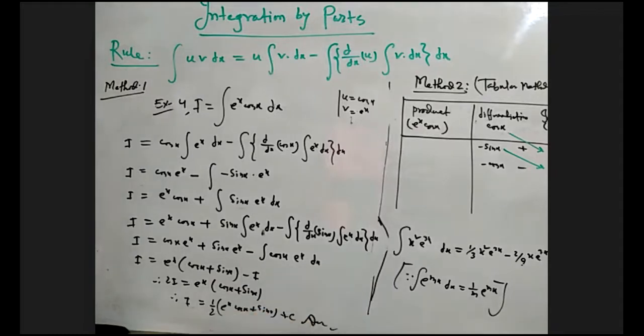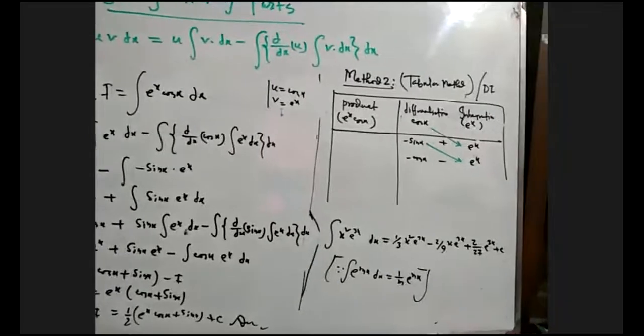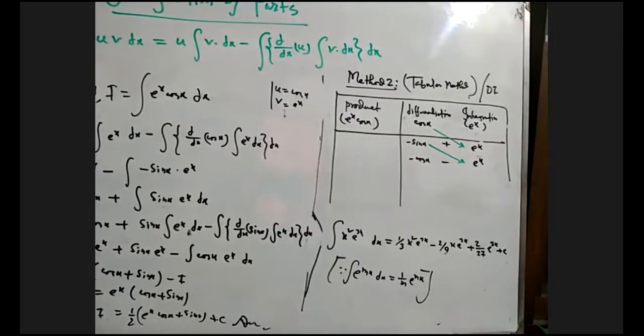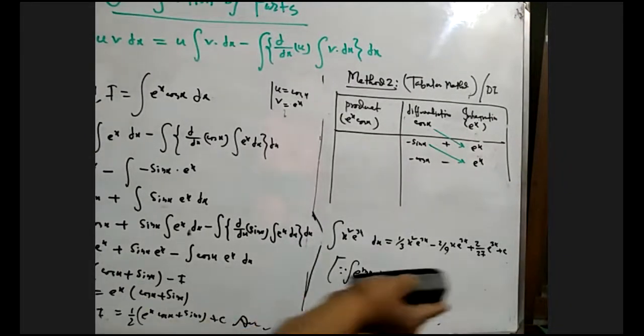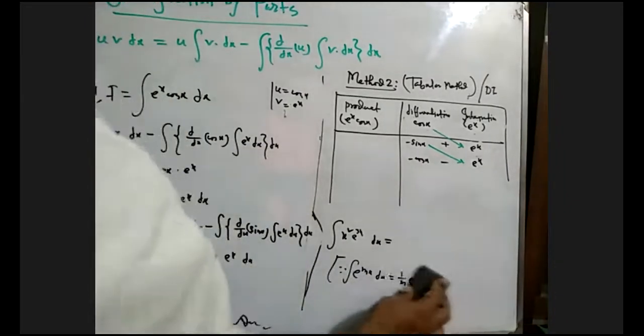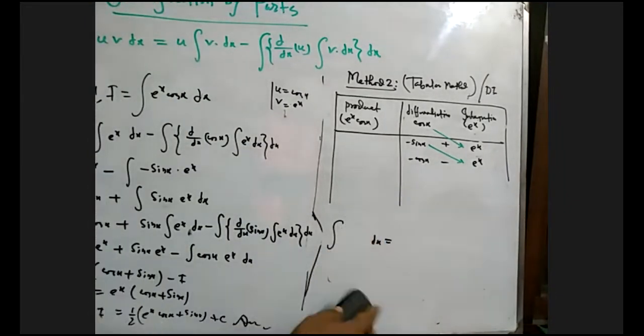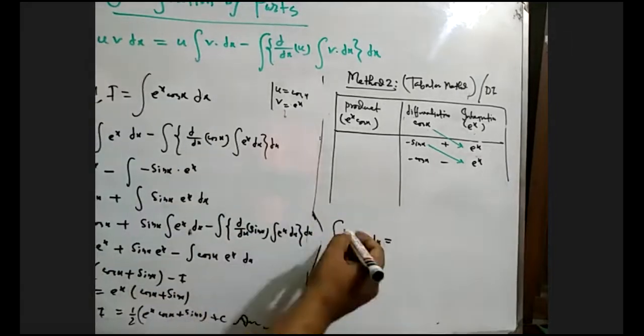This is our finding using the product rule of integration. Similarly, we can use the tabular method here. You can use the tabular method for e to the power x cos x.